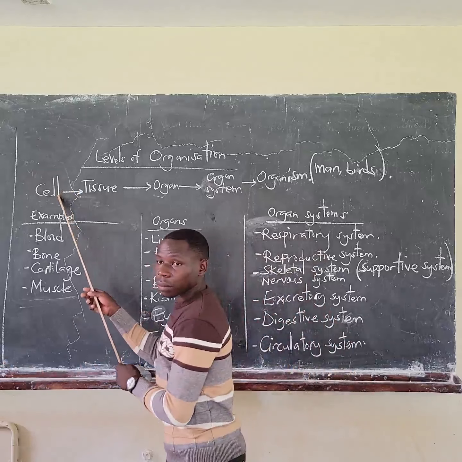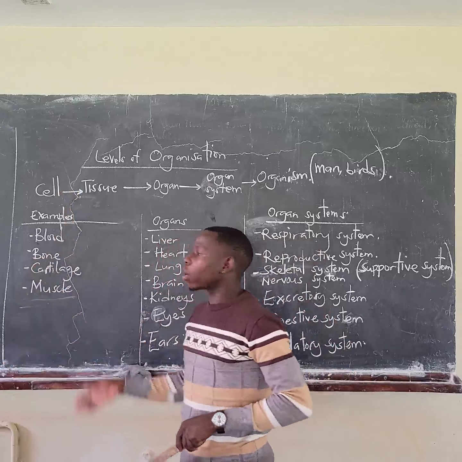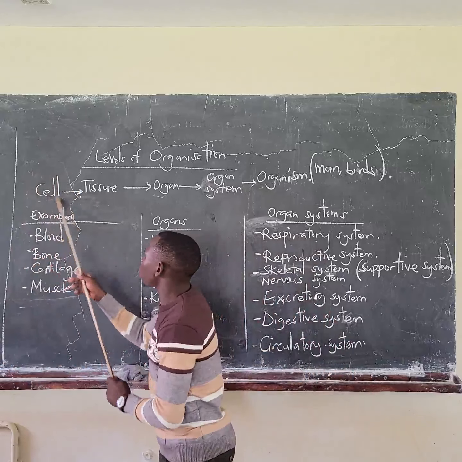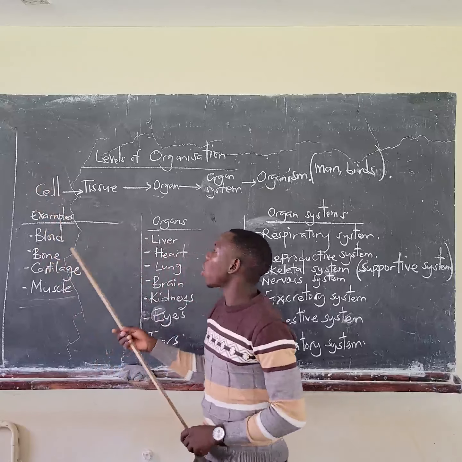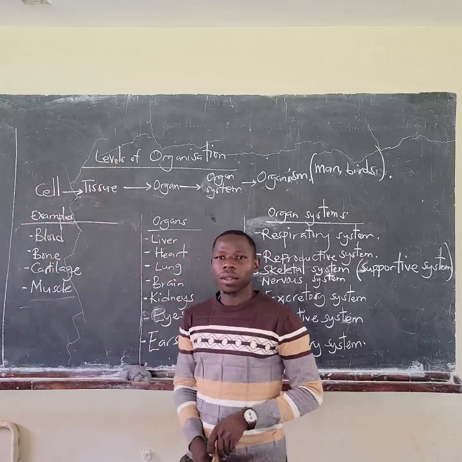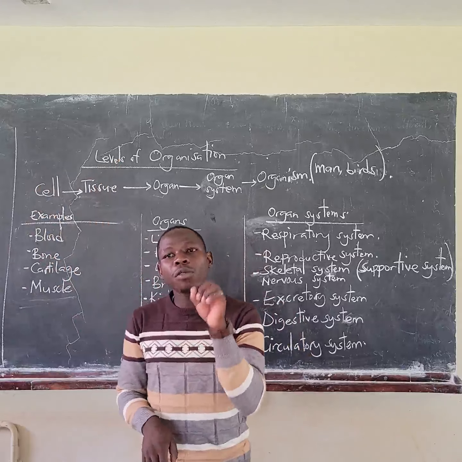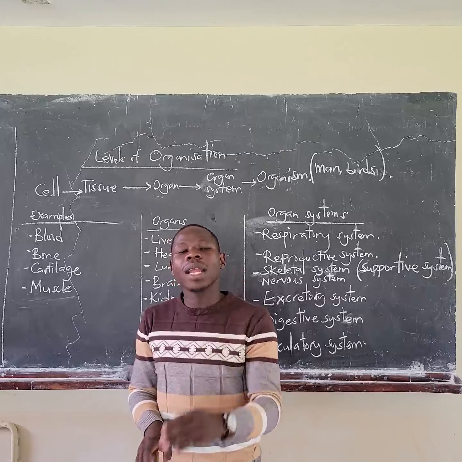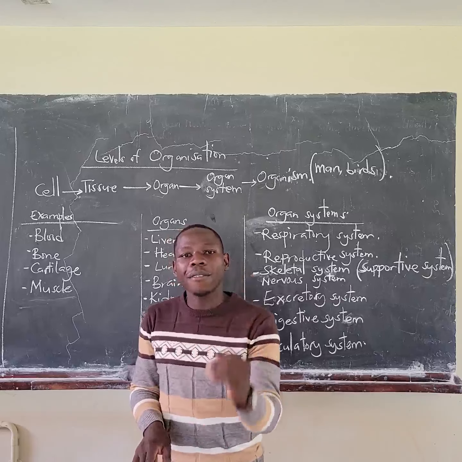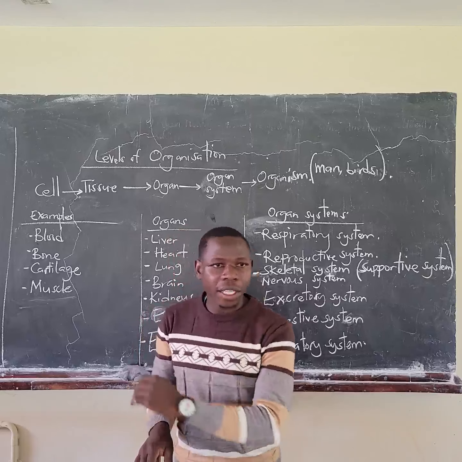One cell. We looked at, when cells combine, they form what we are calling tissue. So a tissue is a group of cells that come together or that are connected together to perform a specific function.